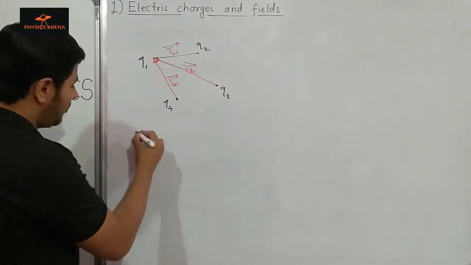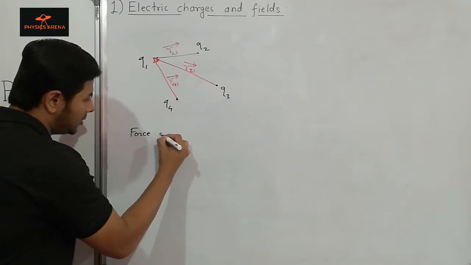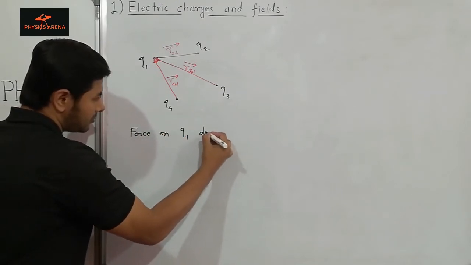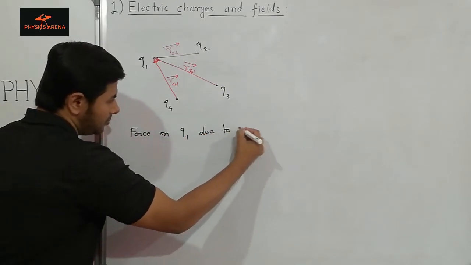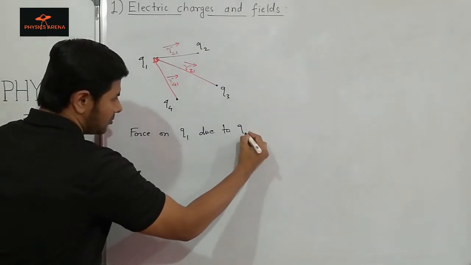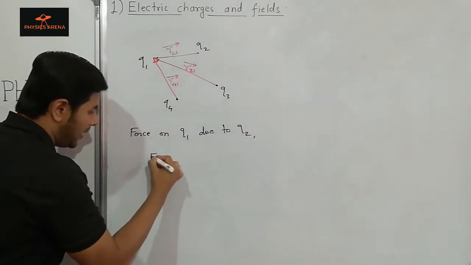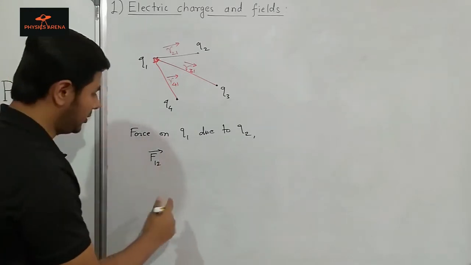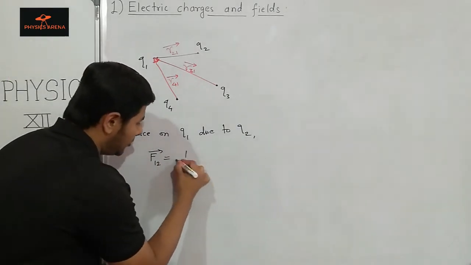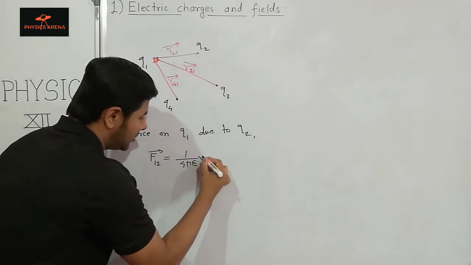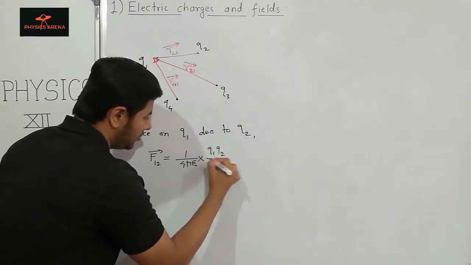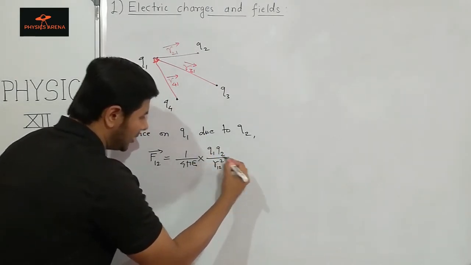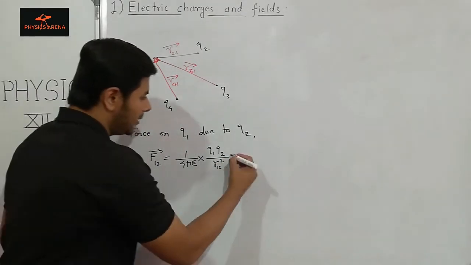Now force on Q1 due to Q2 is F12. This is force on 1 due to 2. It is equal to 1 over 4 pi epsilon naught into Q1 Q2 divided by R12 squared, where R12 is the distance.